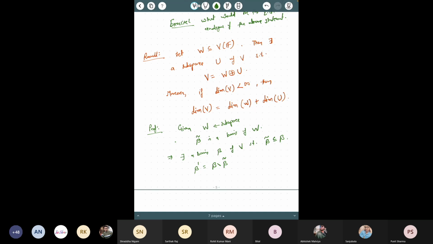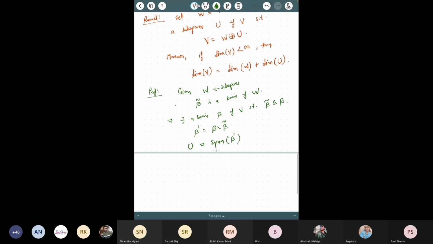Then you take all linear combinations of the elements of B dash, that means you take the span of B dash, and call this set U. This makes sense, right? Now we know that the span of a set is always a subspace. So clearly U is a vector space. Since all the vectors are coming from V, U is a subspace of V.